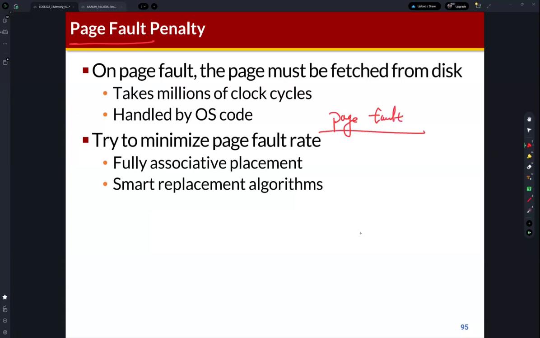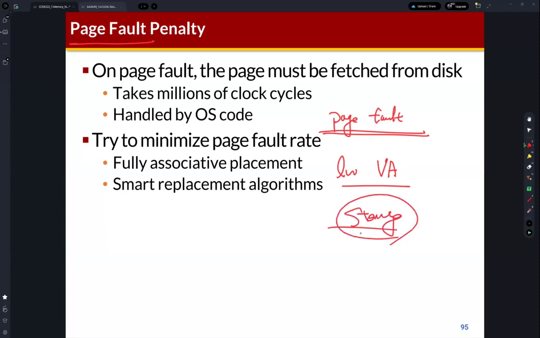So a page fault represents this: using the load word, the virtual address needs to be translated into the physical address, but the target page exists in the storage. So we cannot get a physical address in this case. This situation is called a page fault.